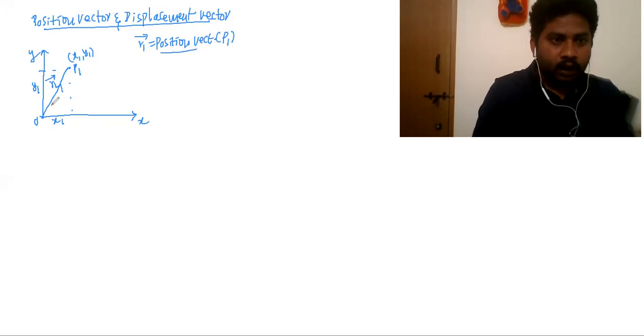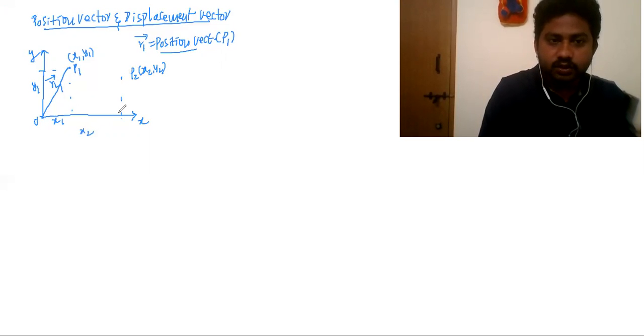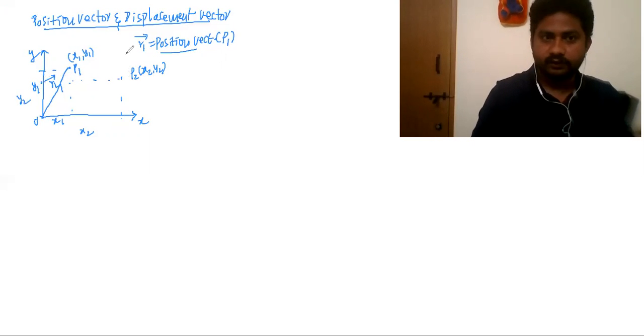Now, another particle, let me take, it is P2. The particle is at this position and its coordinates are x2 comma y2. We know the coordinate system. So this is x2, from origin to here, and this is y2, from origin to this point. No confusions, right?